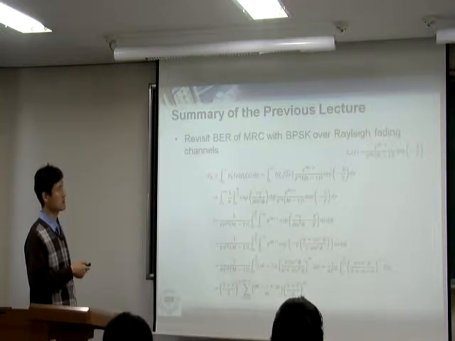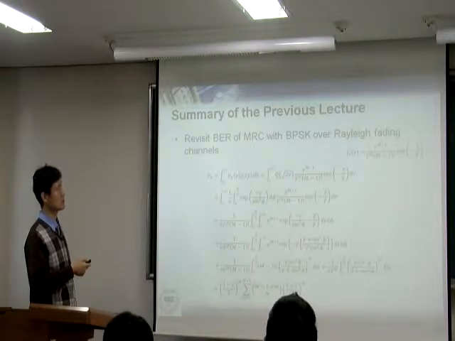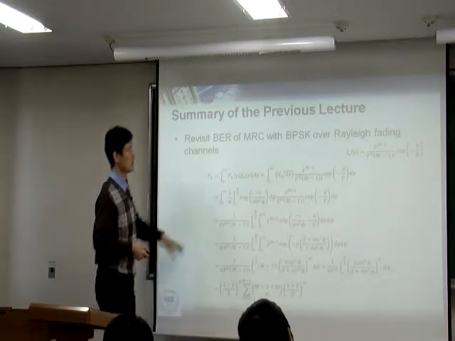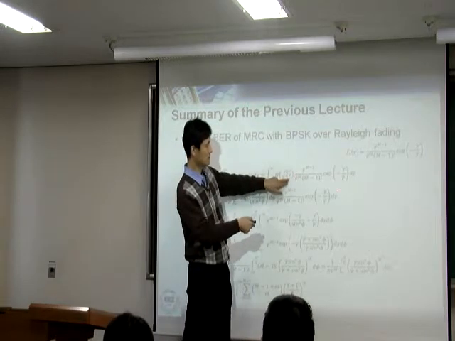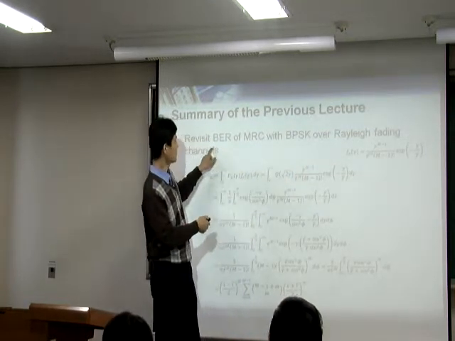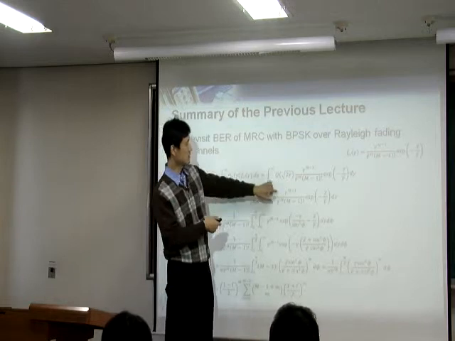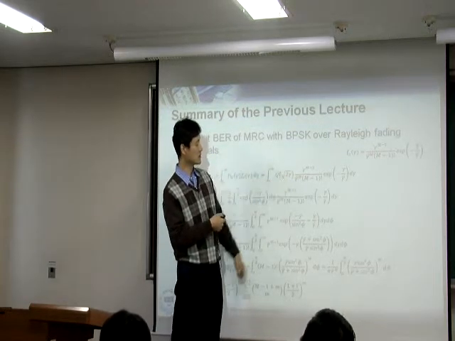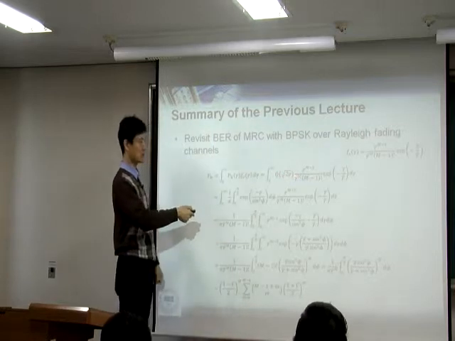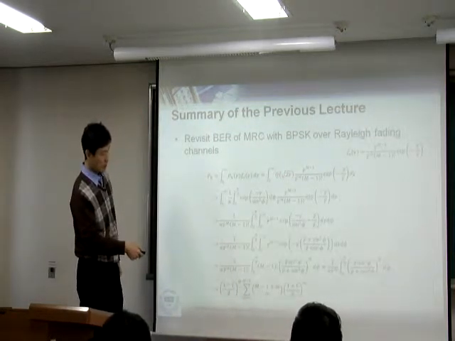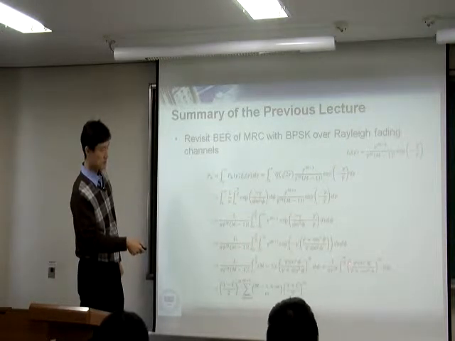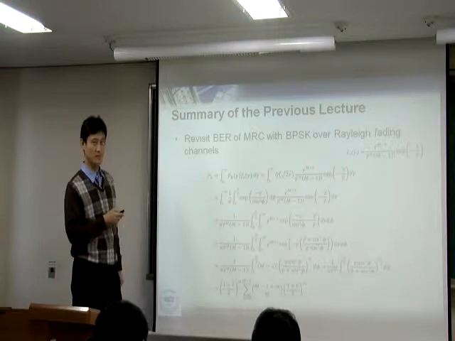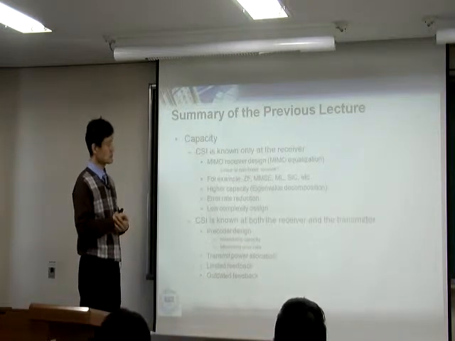In this case, the PDF of SNR is the PDF of the output SNR of MRC, because in this example I use MRC, which is this one. Since we use BPSK, this Q function of the square root of 2 gamma is for BPSK. You just put that together and try to solve it, and then you'll find this pattern eventually. This pattern has this closed form solution.